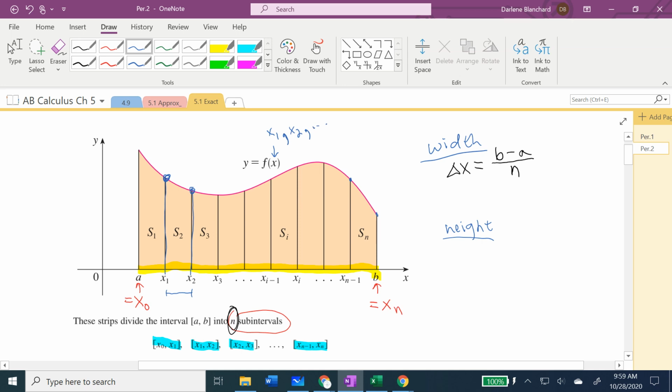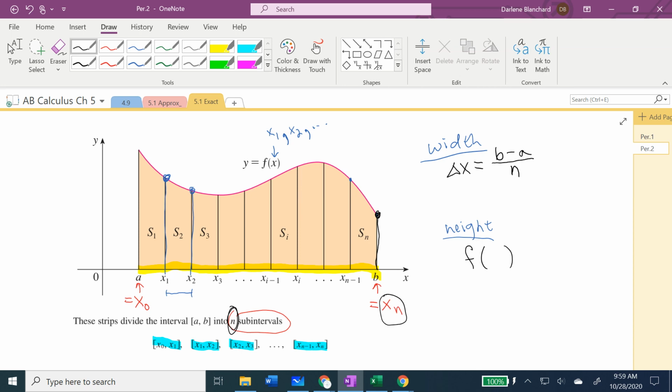So what I'm going to do is say that my height is f of, and before I write what's in there, I want to tell you that if I say f of x sub n, I am actually specifically referring to f of b, and that is a specific number.